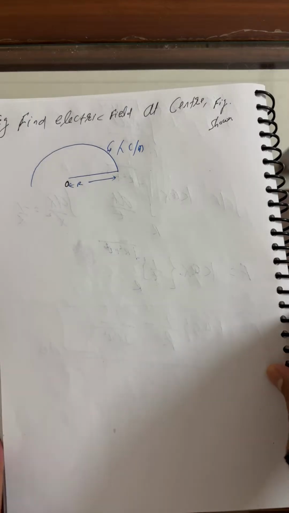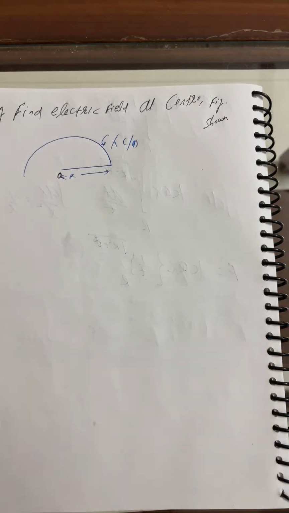Now this is a very common process, just keep it in your mind. If you have a rod and ring, what charge do you have to take? Students, in electrostatics you take lambda coulomb per meter.